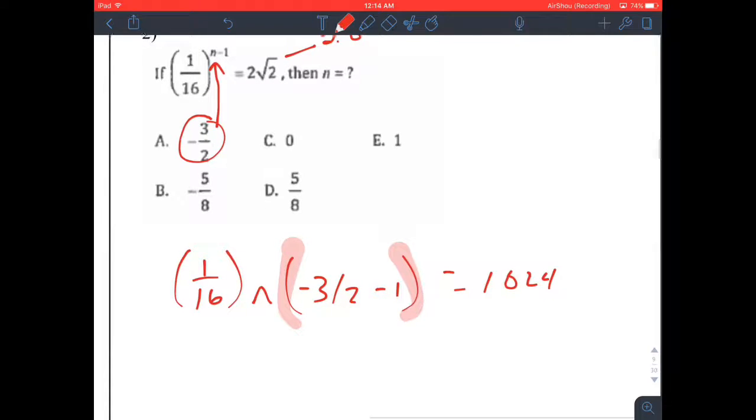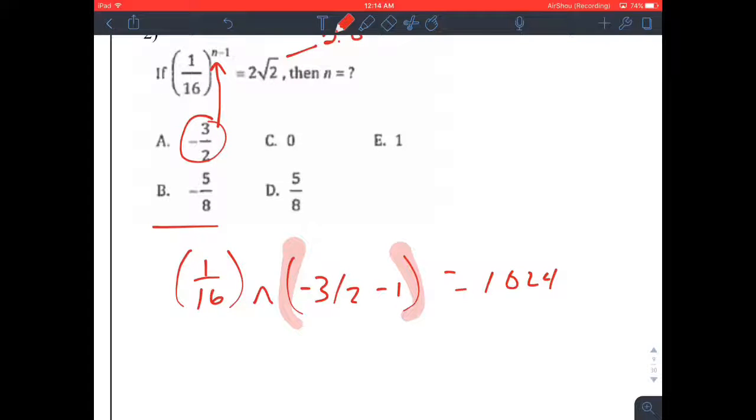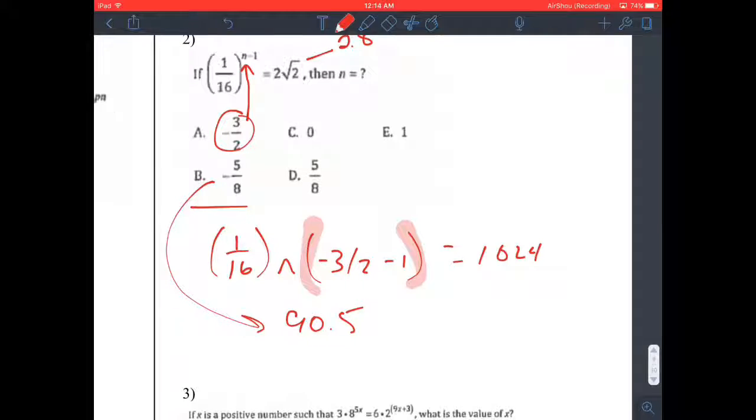Not the right answer. If you plug in negative 5/8, this one here is going to give us 90.5. Also not the right answer.